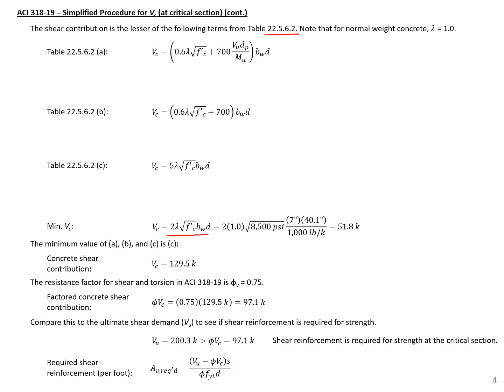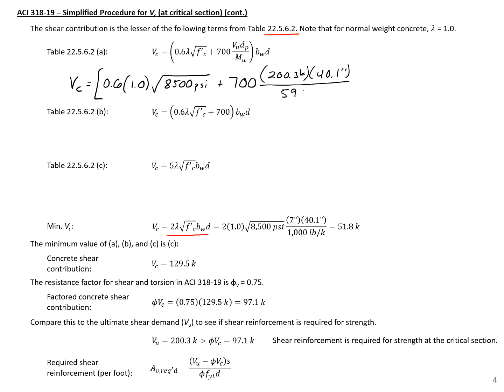Starting with our A equation, we'll have our Vc equal to 0.6 times 1.0, we have normal weight concrete here, times the square root of 8,500 psi, plus 700 times our Vu 200.3 times our d 40.1, divided by our Mu, which is 5,965 kip-inches.